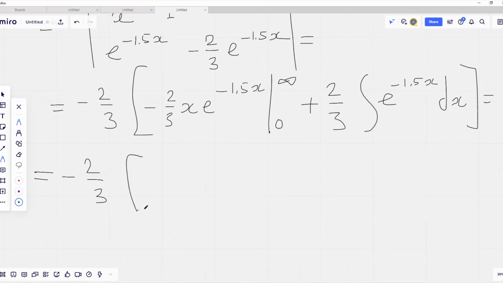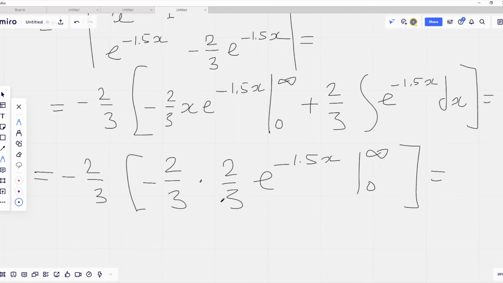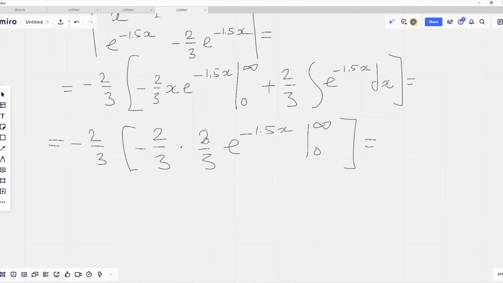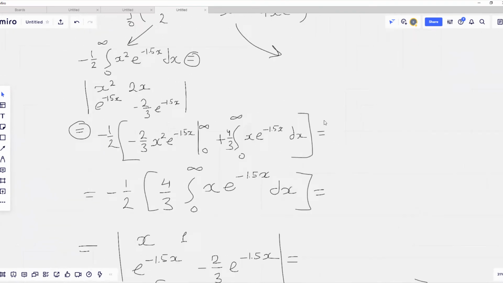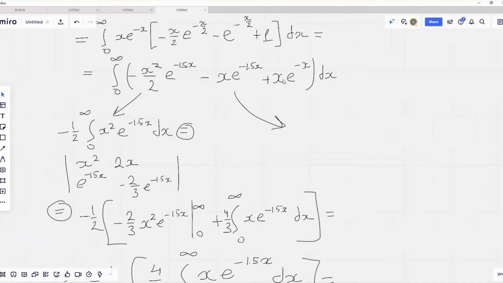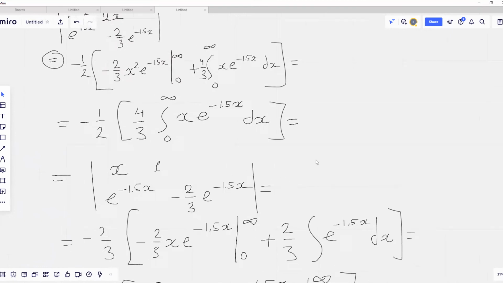So we have 2 over 3 multiplied by minus 2 over 3 e to the power of minus 1.5x from 0 to infinity. So I would like to calculate this part separately since we are going to need this result, since if you recall, we also have to calculate an integral of that. So we are already doing it here.